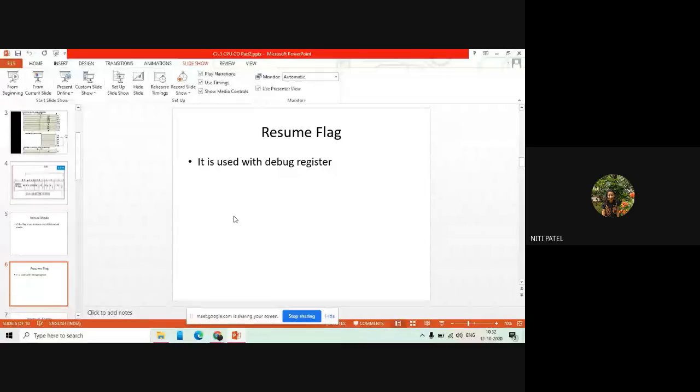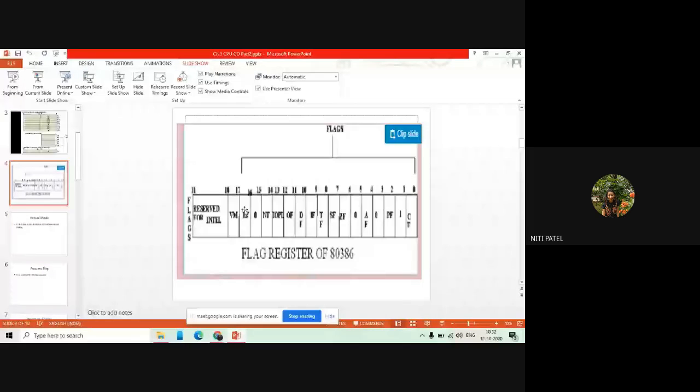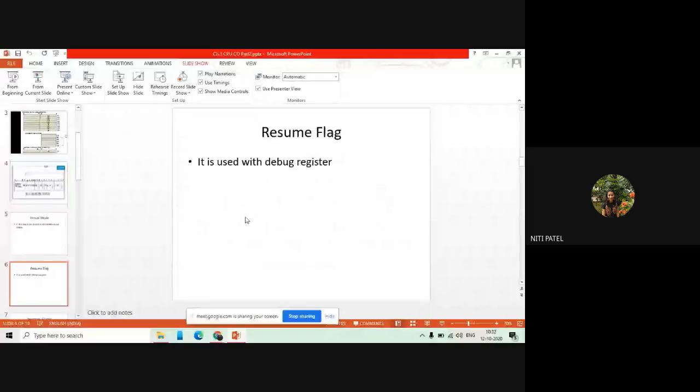Next is our RF flag, which is nothing but the resume flag. The next to VM is the RF flag. What does the resume flag mean? It is used with a debug register. If my computer has a problem or has entered into a debugging mode, checking each and every line of a program, it intimates this to the system by setting this particular flag.